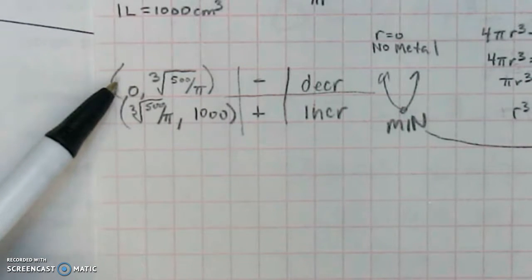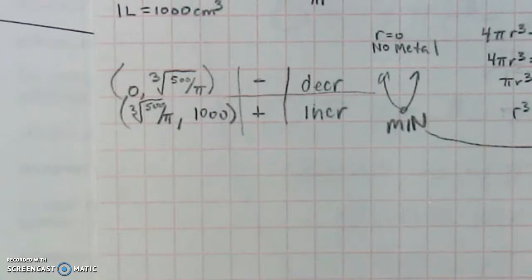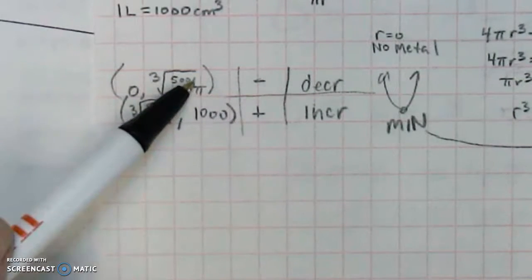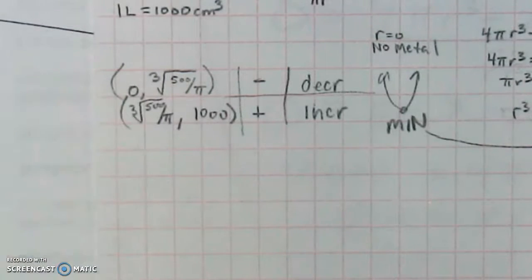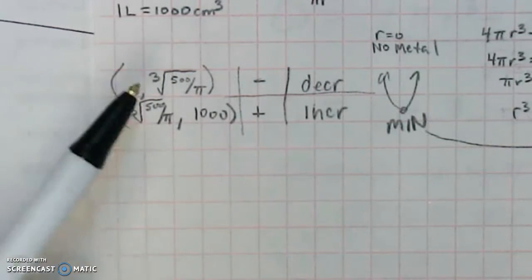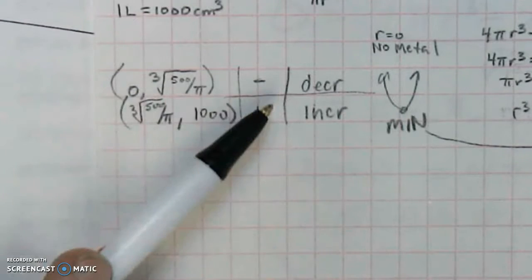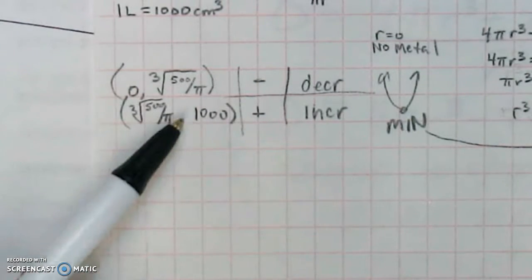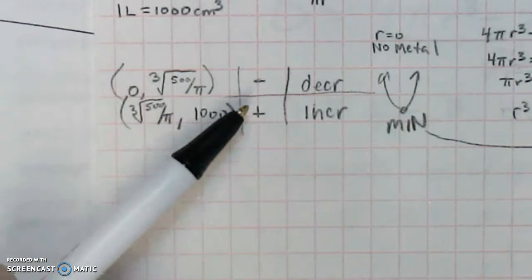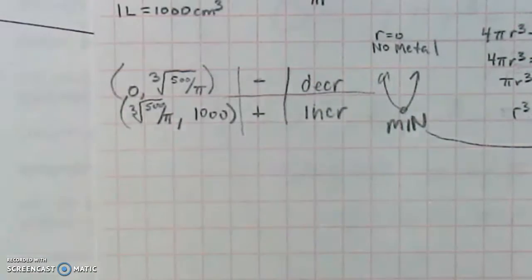I started at 0 because we're not going to go below 0 area. And if we know that this thing is approximately 5, because I typed it into a calculator, if you test something small into your derivative, you get a negative. If you test something big in your derivative, you get a positive. So it did decrease and then increase, which tells me that it was a minimum for that r.